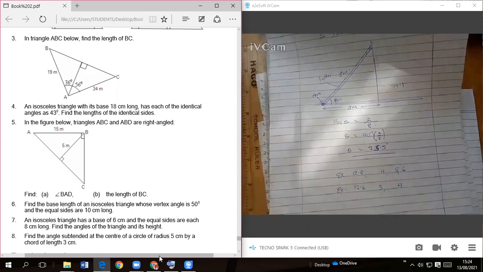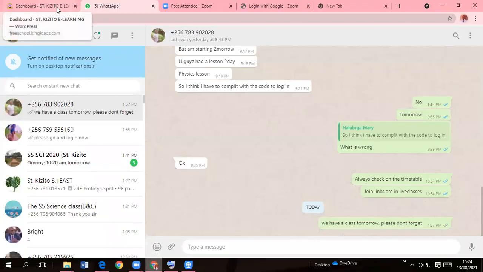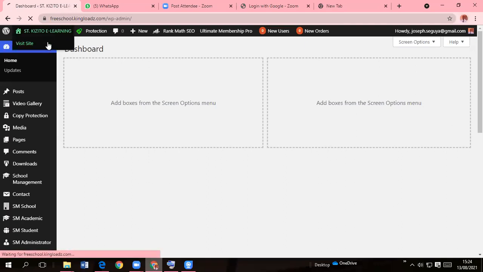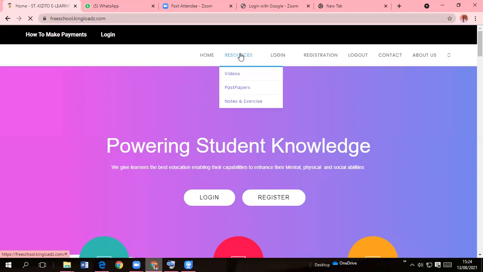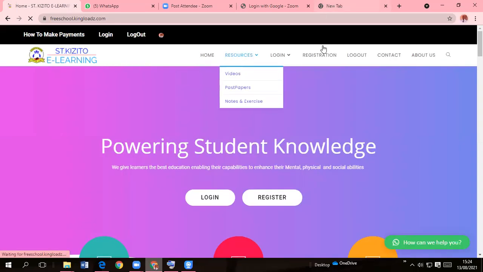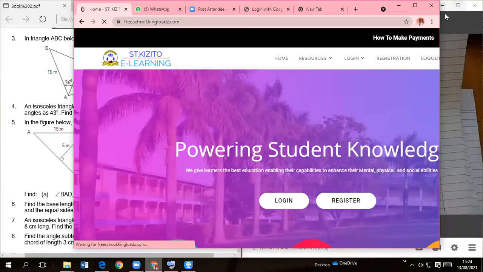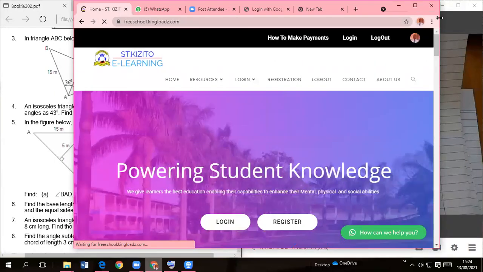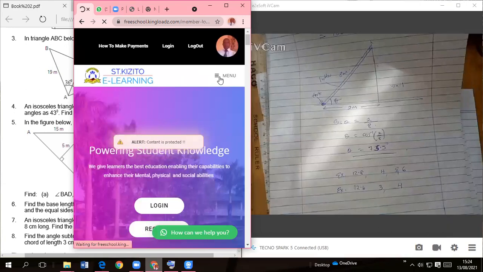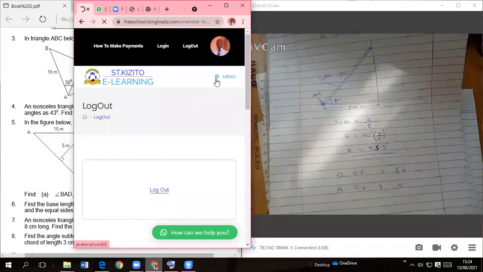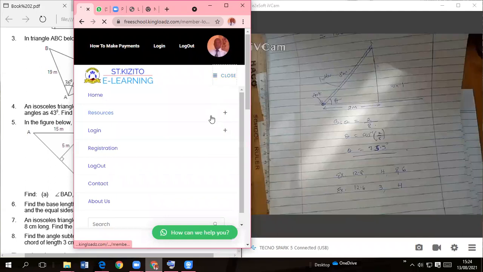Go to the website. If you don't know where the website is, I can show you. Go to the website and go to resources. If you're on a mobile, that's how your mobile will look. You come here, click on menu, and go to resources. Then go to the notes and exercises.